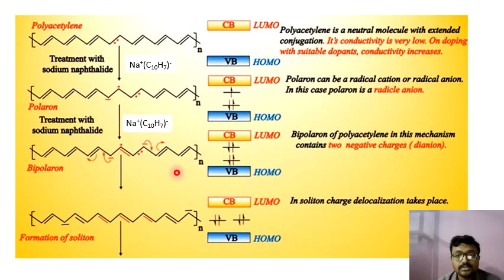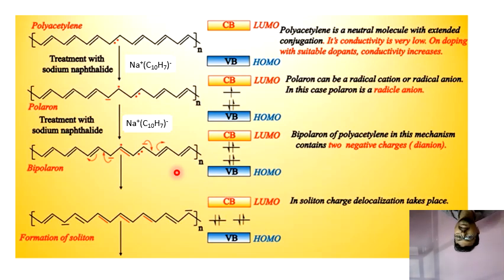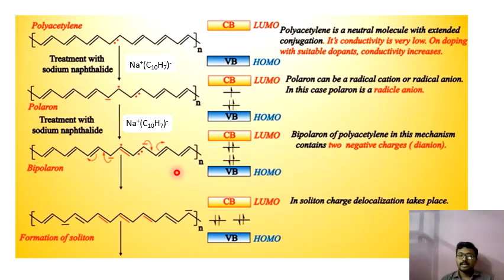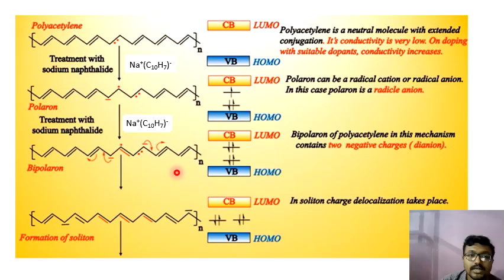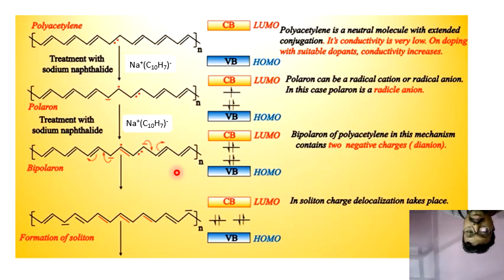So what have we understood? We have understood that in a conductive polymer, there should be conjugated double bonds. If conjugated double bonds are present, the polymer will be conductive. This type of conductive polymer is called an intrinsically conductive polymer. Now to increase the conductivity, we can use some dopant. We can use some P dopant, for example FeCl3, iodine, CCl4.